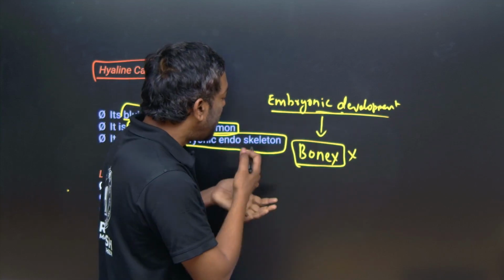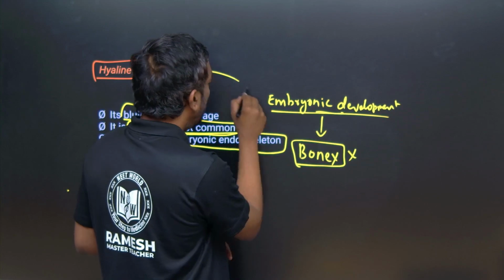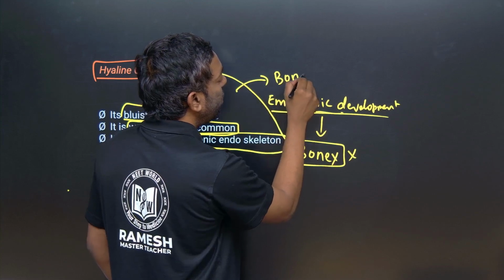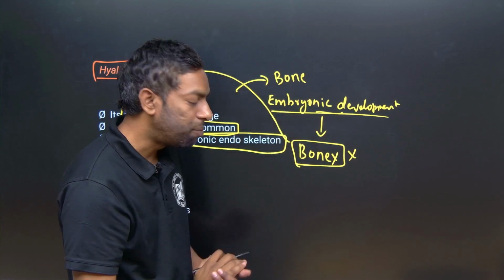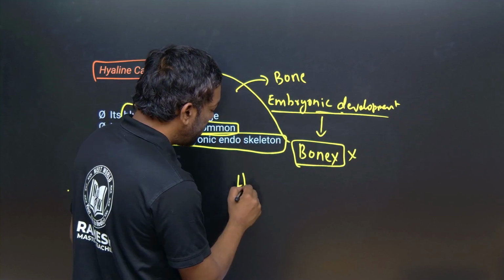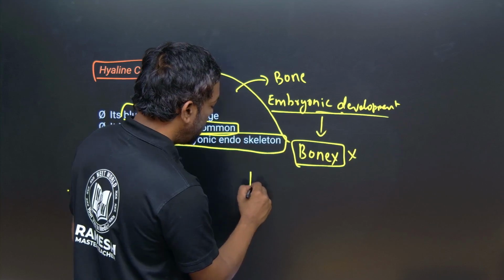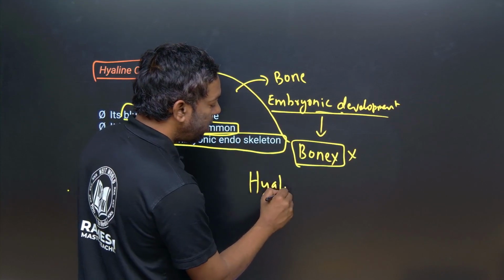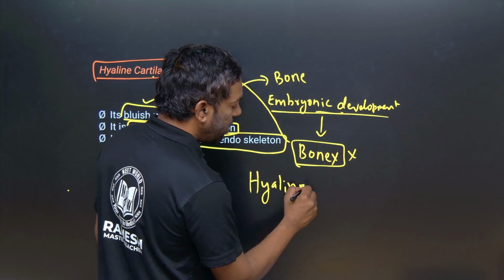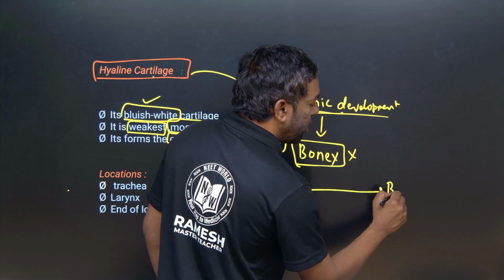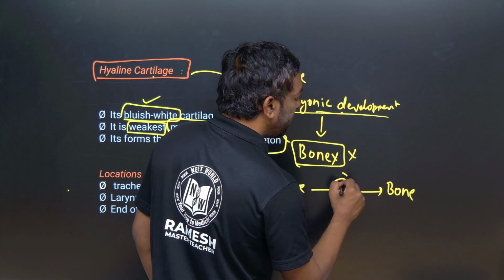Okay, the hyaline cartilage turns into bone. The turning of hyaline cartilage into bone is called calcification.